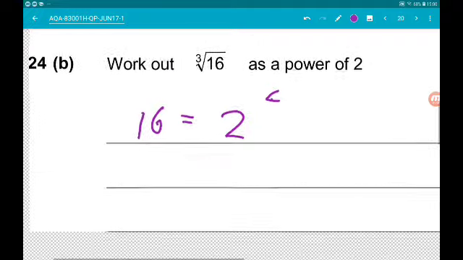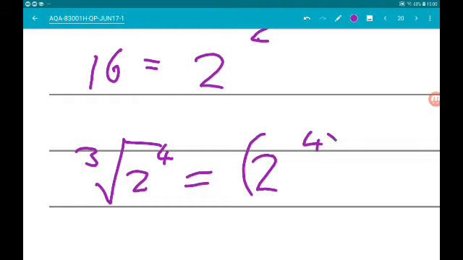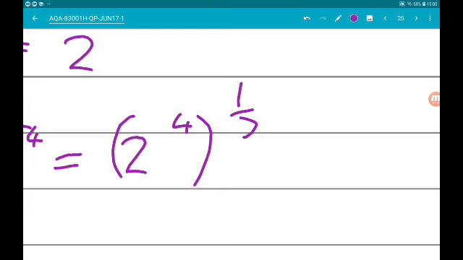So we've got the cube root of 2 to the power of 4. Now another way to write a cube root is a power of 1/3. So this is 2 to the power of 4 to the power of a third, which is 2 to the power of 4/3. Cool.